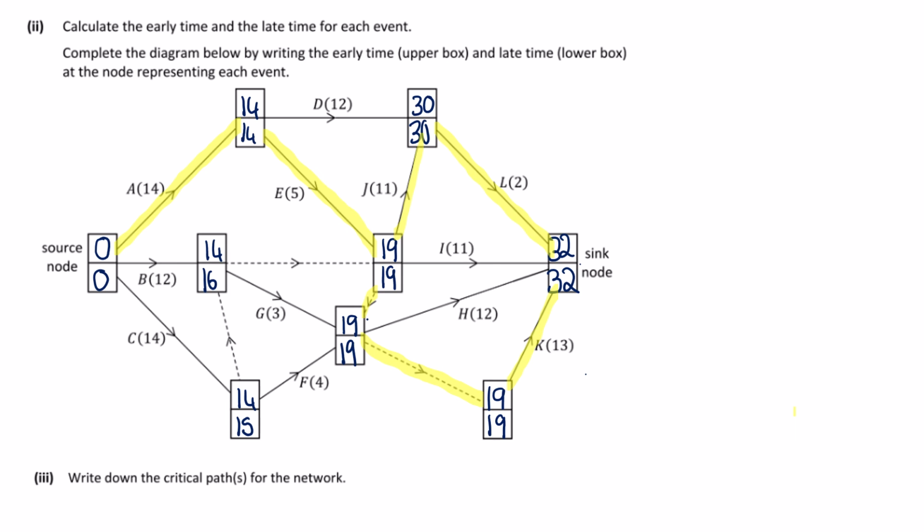The two paths are A, E, J, L, and then the second one is still A, E, but then it gets us K there at the end because of the two dummy activities connecting them together. So just be careful with that. If you feel like there's an activity that's critical but somewhere random, not connected to anything, are there dummies that can connect it back to some other critical activities?